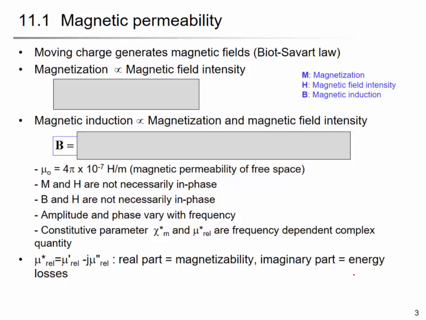Magnetic permeability. So moving charge generates a magnetic field. When you have a moving charge at constant velocity or at time-varying velocity, it generates a magnetic field. And the magnetization of the material is proportional to the intensity of the external magnetic field. So if you apply a strong magnetic field, the material will be more magnetized.